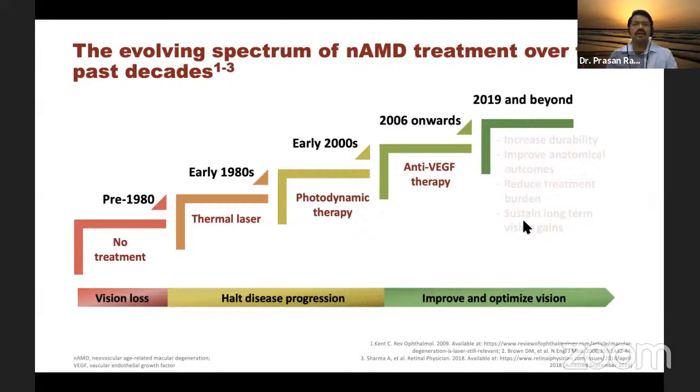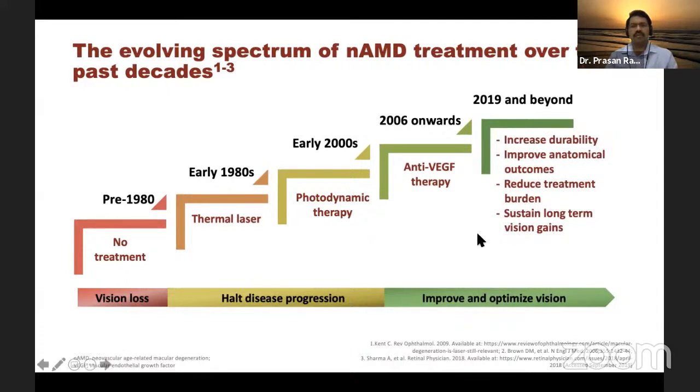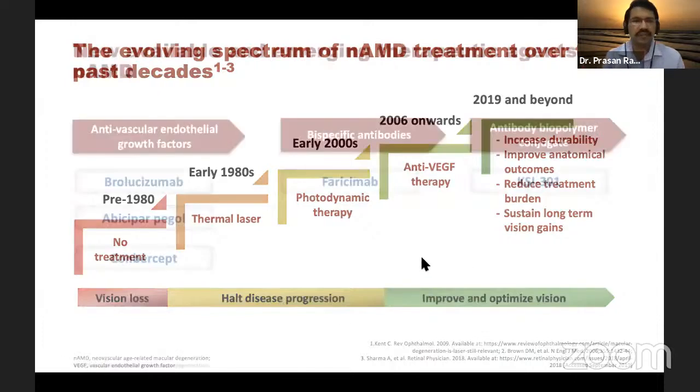And from then on, a search for a better anti-VEGF medication has always been there, primarily to look for agents which have increased durability, improve the anatomical outcome, reduce the treatment burden, and have sustained long-term visual gains.